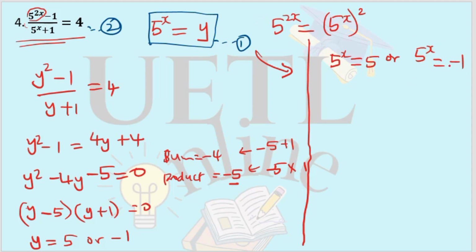It's non-applicable, this one does not work, so we can cancel it or just write non-applicable. This means we only have the other one: 5 to the power x is equal to 5, so x is just 1. Our answer states that x is equal to 1.